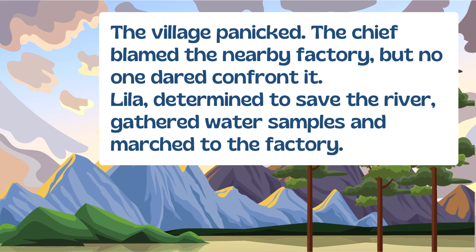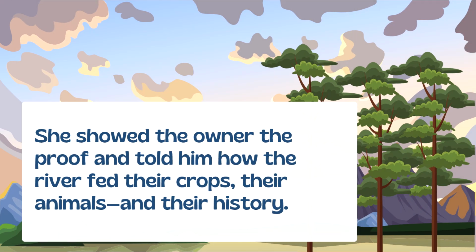The village panicked. The chief blamed the nearby factory, but no one dared confront it. Leela, determined to save the river, gathered water samples and marched to the factory. She showed the owner the proof and told him how the river fed their crops, their animals, and their history.